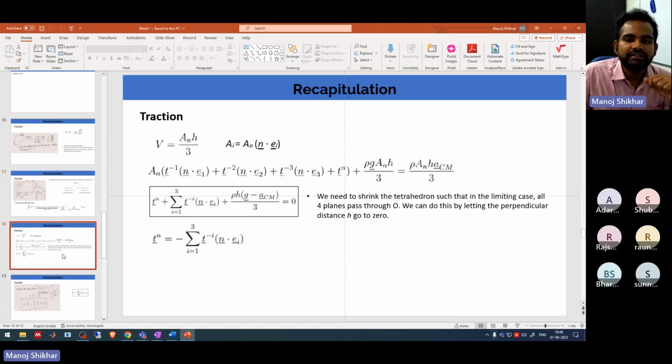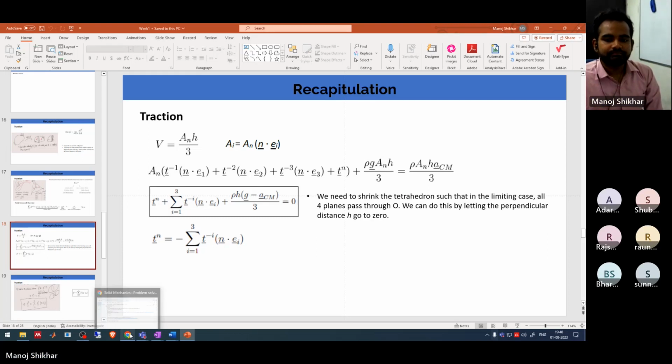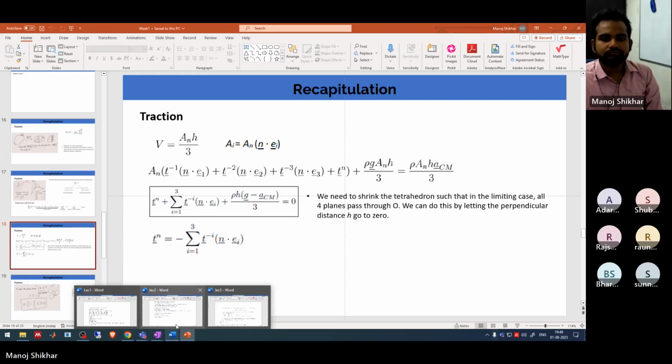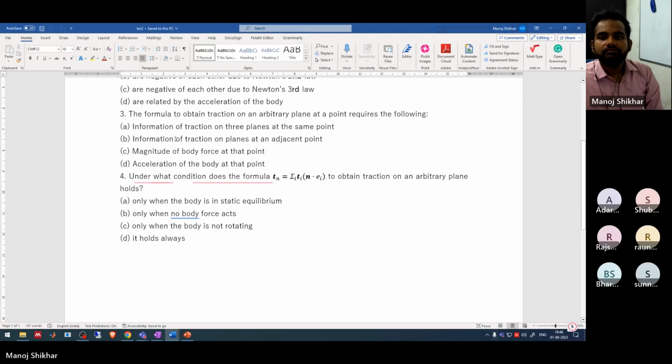So that's why we did h equal to 0, to make all the planes pass through the same point. So the answer is A. We don't need information on planes that are at an adjacent point. We only need the information on the planes which are passing through the same point from which our plane is passing.